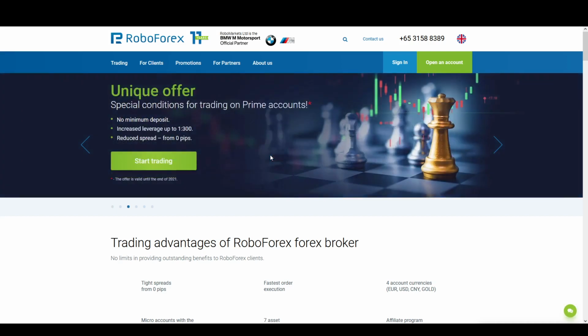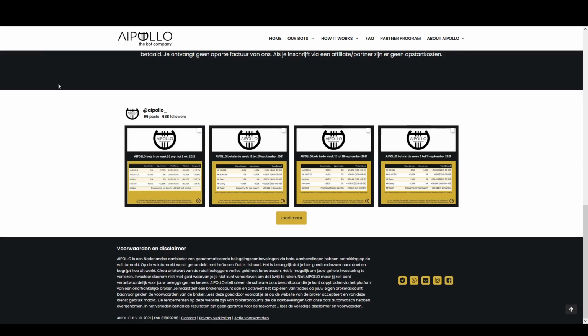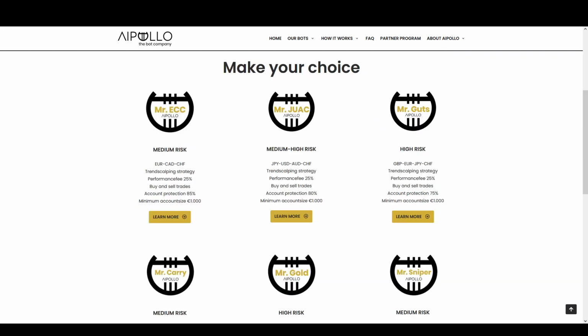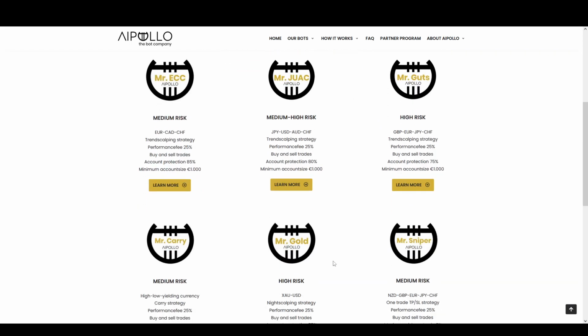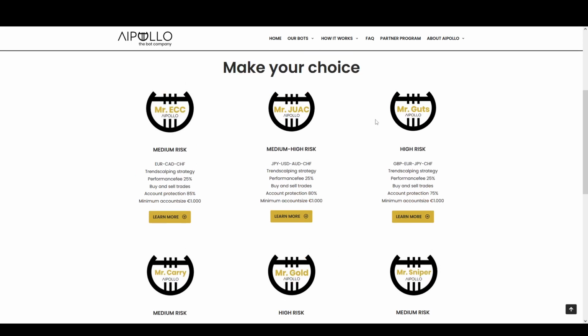I chose to copy, and I'm copying one of these bots. You can choose which one, depending on the risk you want to take. I took a high risk for high reward. So I have Mr. Guts, and I'm copying everything that he does. If he buys, I buy. If he sells, I sell. If he buys for an X amount, I buy exactly the same. That is the idea.